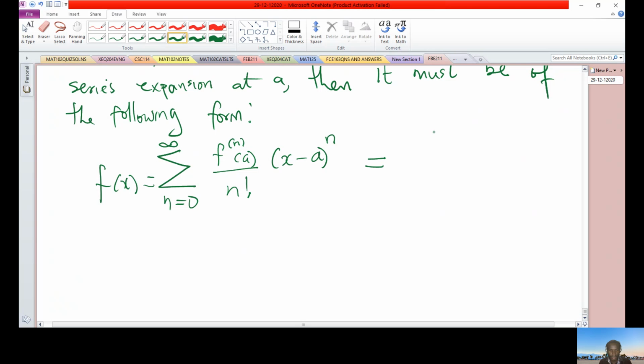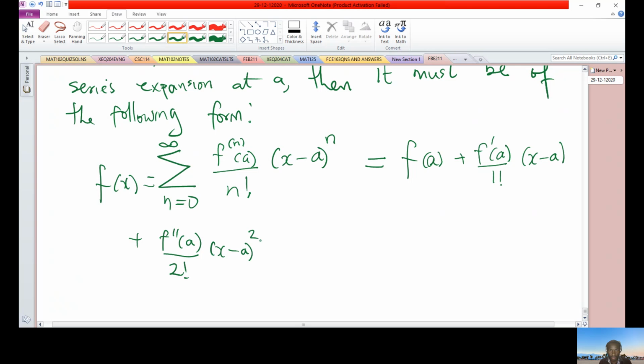Which is the same as f at a plus f prime at a over 1 factorial (x minus a) plus f double prime at a over 2 factorial (x minus a) squared plus the triple derivative at a over 3 factorial (x minus a) cubed plus several terms.